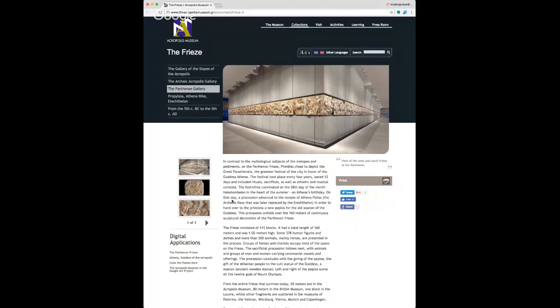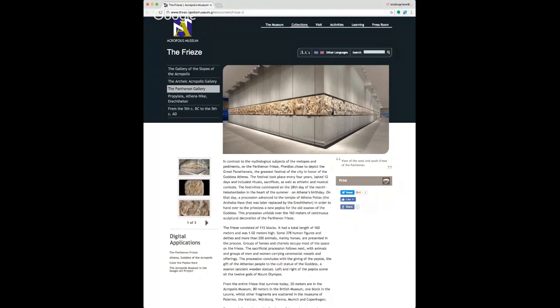When you go to the top floor of the museum, they have created a replication of all of the Panathenaic frieze that was originally on the inner cella, the inner chamber, on top of the 2 porches and the side walls, within the inner colonnade.